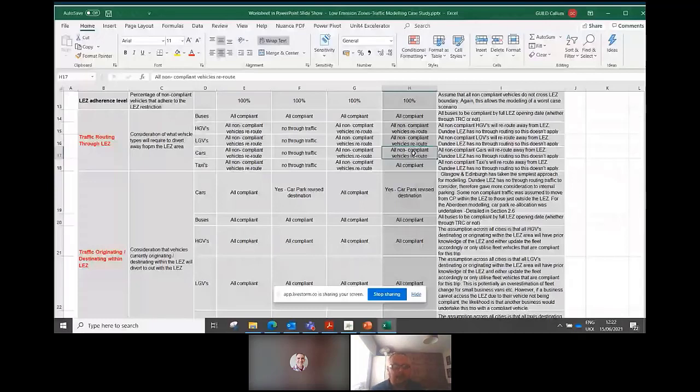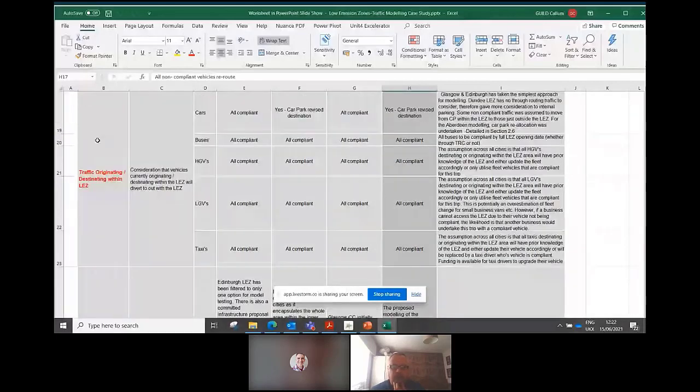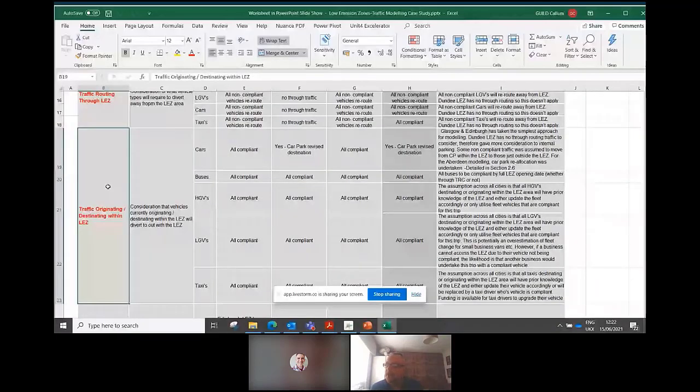The other element that I hadn't considered really until we got right into it was for vehicles that effectively originate or have their destination within the LEZ itself. So if there's a trip that comes into the city centre or leaves the city centre, what happens? What do you do to your trip matrices if suddenly there's a low emission zone and that is a non-compliant vehicle? I'll come back to cars in a minute.